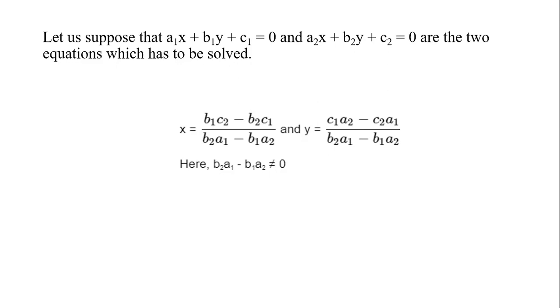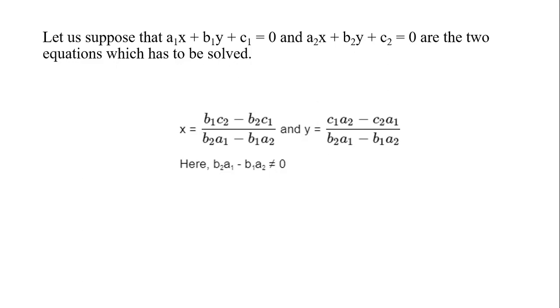As you can see on my screen, the value of x can be calculated using the combination of constants as well as coefficients of x and y. In order to calculate x, you need to have b1 c2 minus b2 c1 divided by b2 a1 minus b1 a2, wherein b2 a1 minus b1 a2 should not be 0.